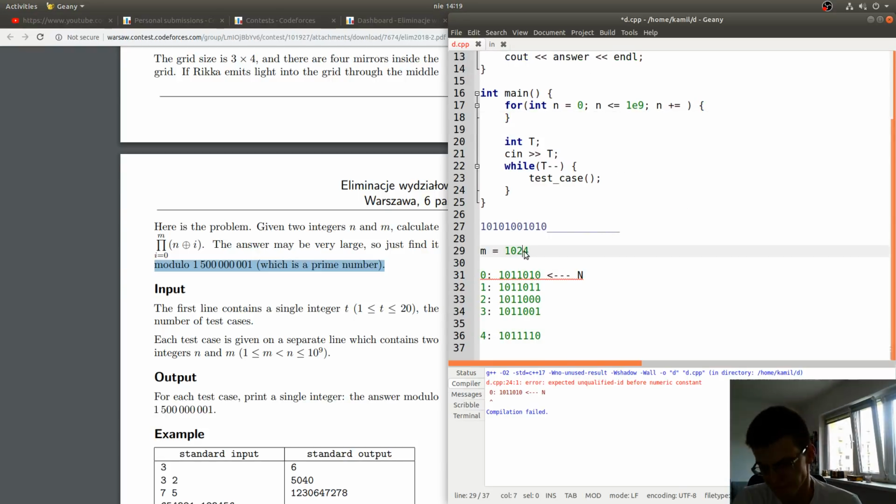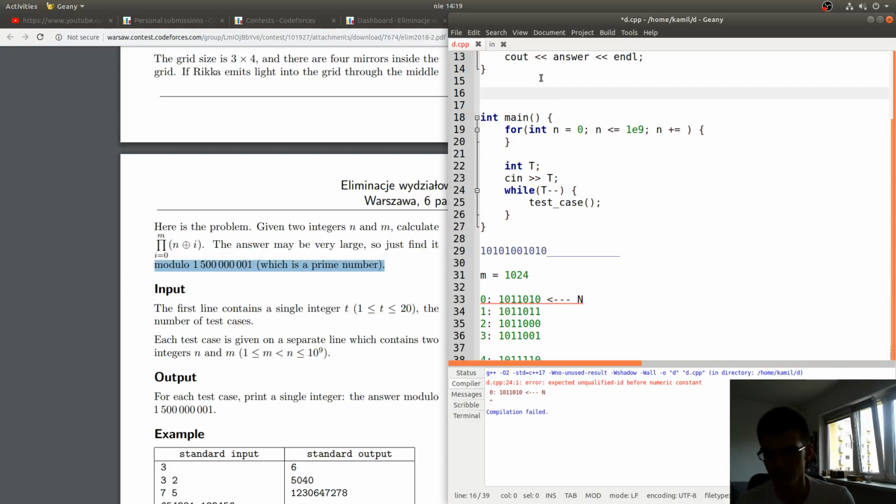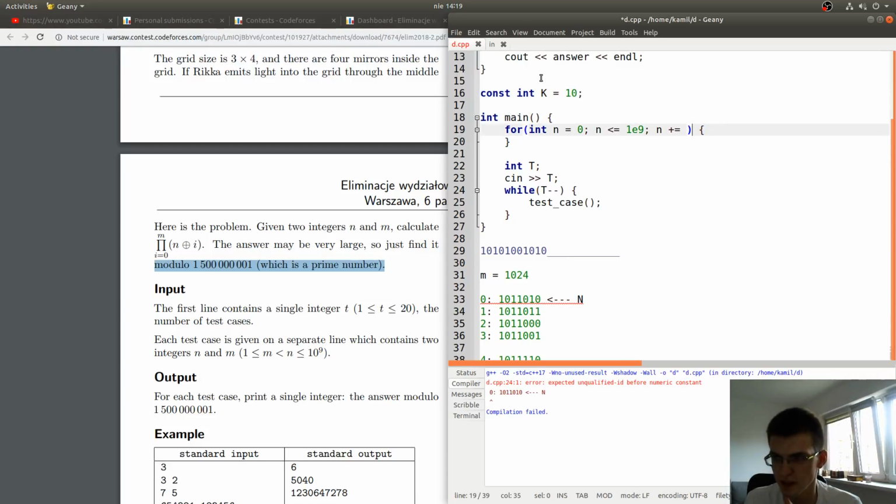So it's better to use some constants multiple times in your code, so let's just create a constant for this. Let's call it k, the number of bits at the end that don't matter. Let it be 10. And let's see what happens.